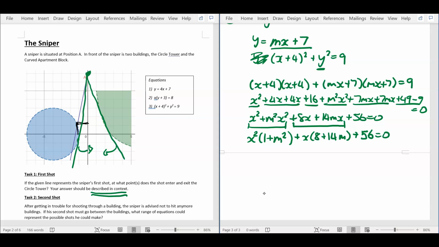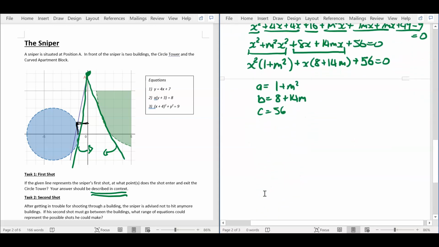At this stage we've got our equation, and we can actually pull out an a, a b, and a c value. A will be equal to 1 plus m squared, that being the part attached to the x squared. B will be equal to 8 plus 14m, that being attached to the x, and then C, the number at the end, that part's nice and easy, 56.